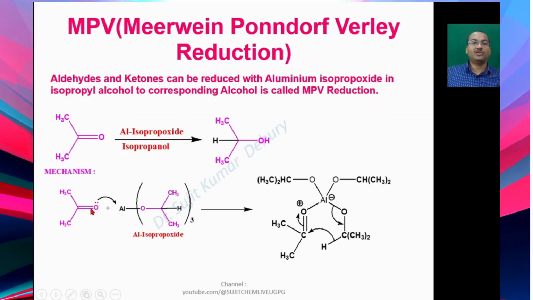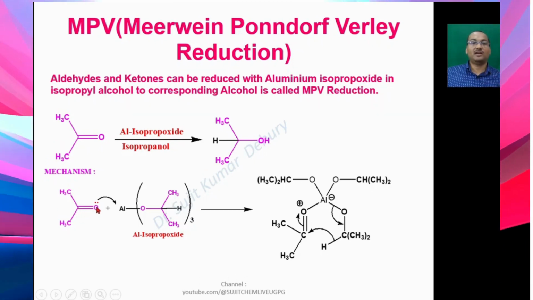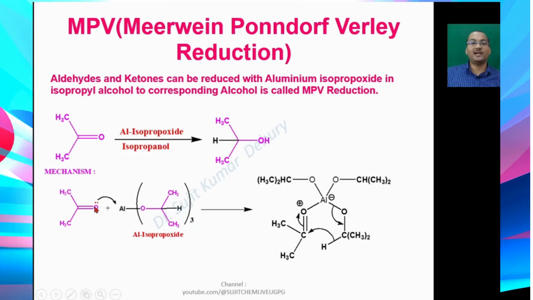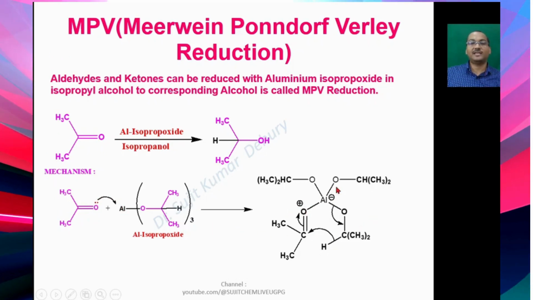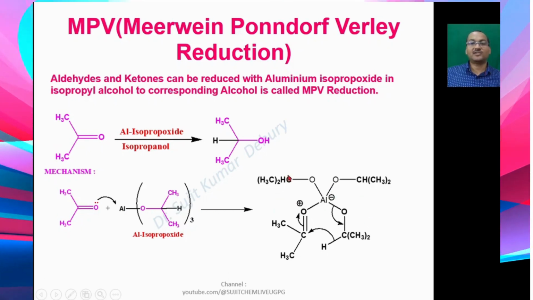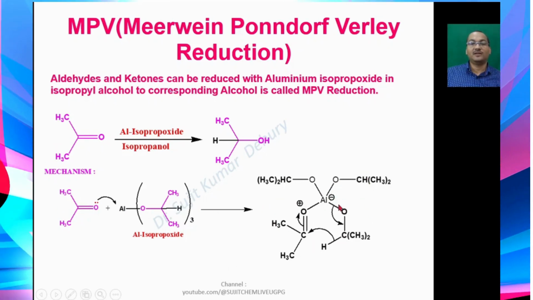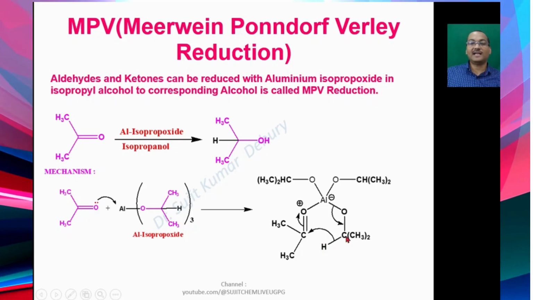So acetone, oxygen has a lone pair of electrons, it will act as a nucleophile and attack aluminum. So you will end up with an oxygen-aluminum complex, and this complex we have to write in this fashion. There will be internal hydride transfer.